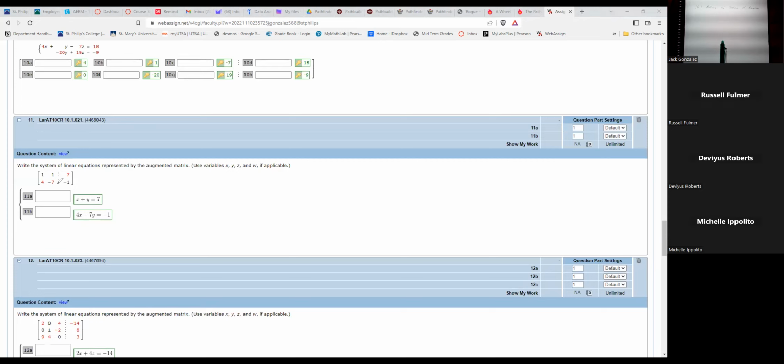So if you have a matrix, you have to remember that this first row is x and 4x, and then the constants, of course.